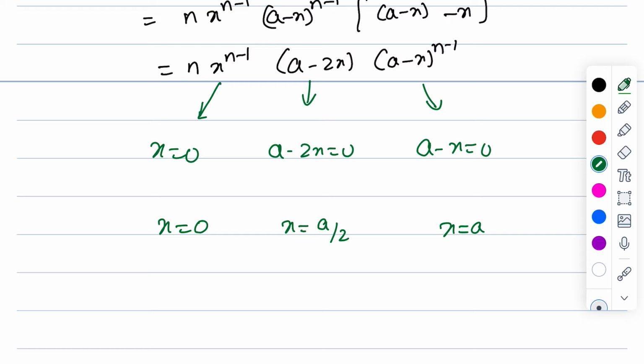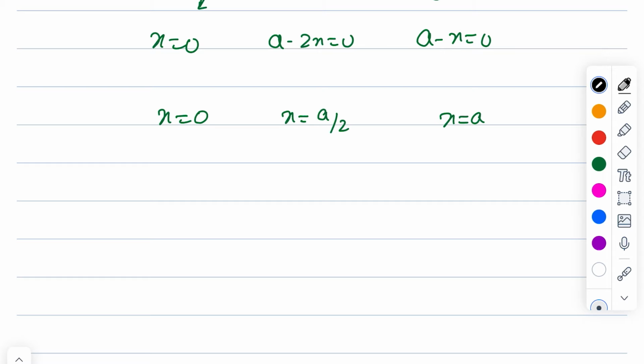Then part E, show that the point a upon 2, fn of a upon 2 on the graph, and fn is always above the y-axis or the horizontal axis. Now we know that fn of x equals x power n times (a minus x) whole power n.